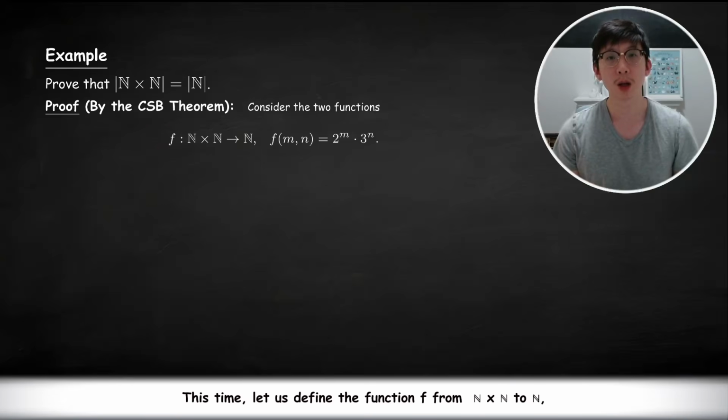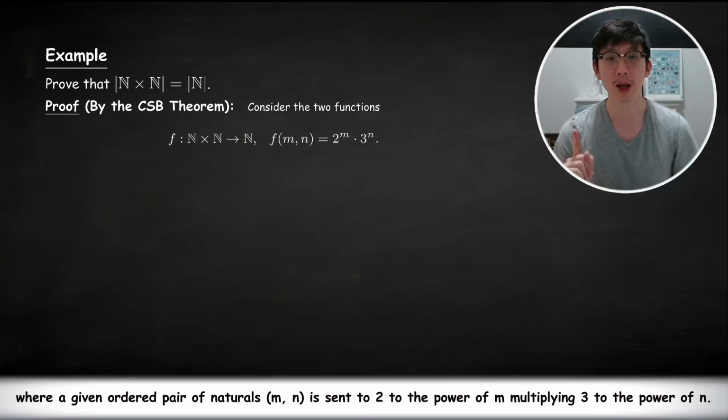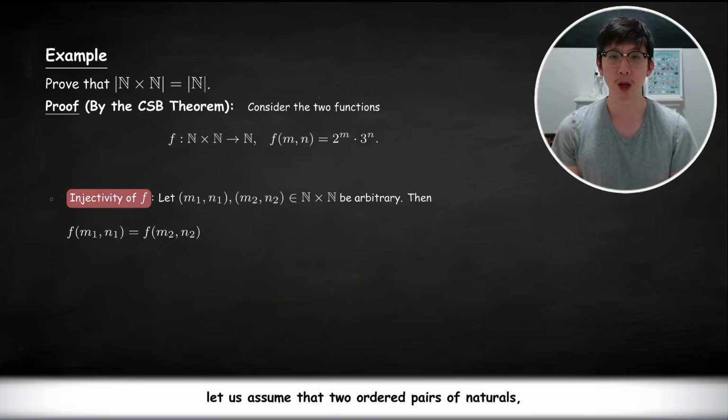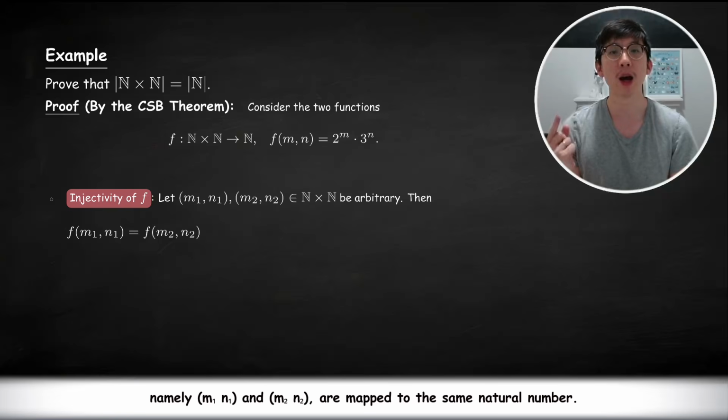This time, let us define the function f from N cross N to N, where a given ordered pair of naturals (m, n) is sent to 2^m times 3^n. To see this function is indeed injective, let us assume that two ordered pairs of naturals, namely (m1, n1) and (m2, n2), are mapped to the same natural number.